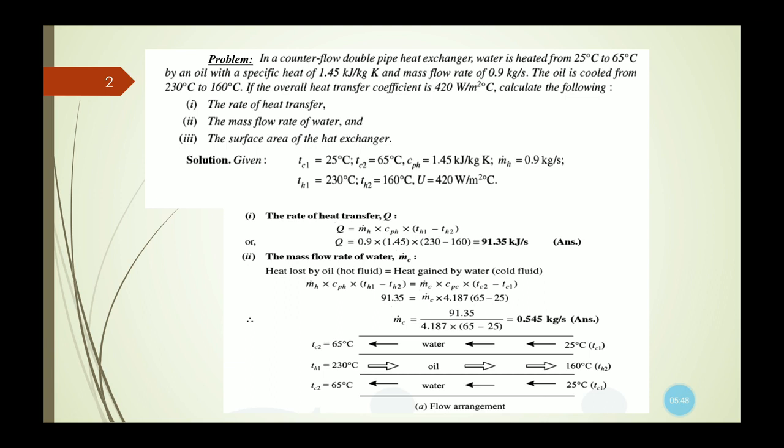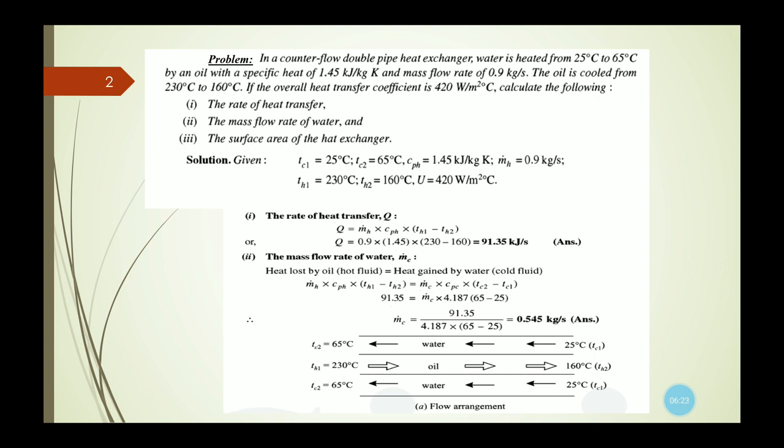Now heat lost by the hot fluid is already calculated in the first part of the numerical, so it is coming as 91.35. So this is equal to m dot c that we need to calculate here. Now the specific heat of water has one default value which is 4.187, that we need to remember, and the outlet and inlet temperature in case of the cold fluid, that is water, are given in this numerical as 65 and 25 degrees centigrade respectively.